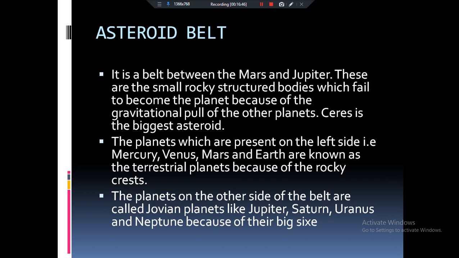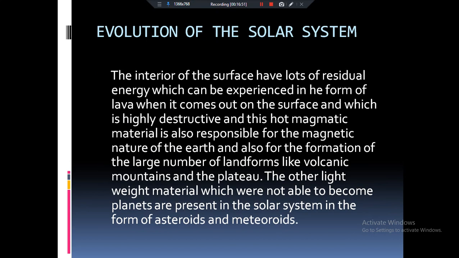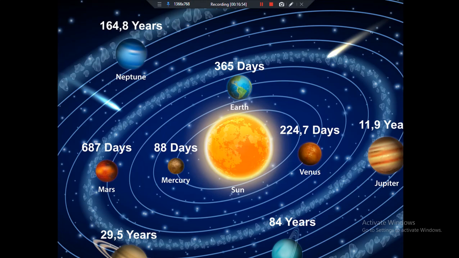After Mars, a belt-type structure comes, which we call the asteroid belt. Why did this asteroid belt form? Because when that small sphere we studied in the Big Bang theory blasted, many small components formed which were not able to form planets, but they formed some small rock-like structures known as asteroids. Between Mars and Jupiter, this belt is present, and we call it the asteroid belt.